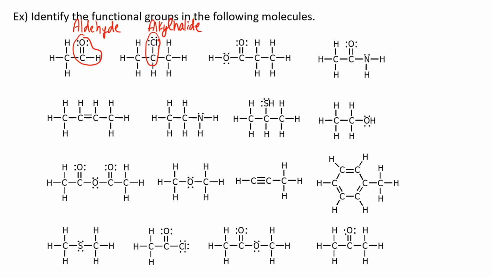In the next functional group, we have a carbonyl attached to an OH. That's a carboxylic acid. Next, we have a carbonyl attached to a nitrogen. That's an amide.